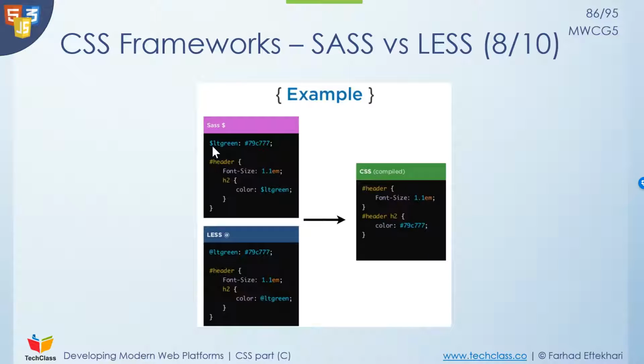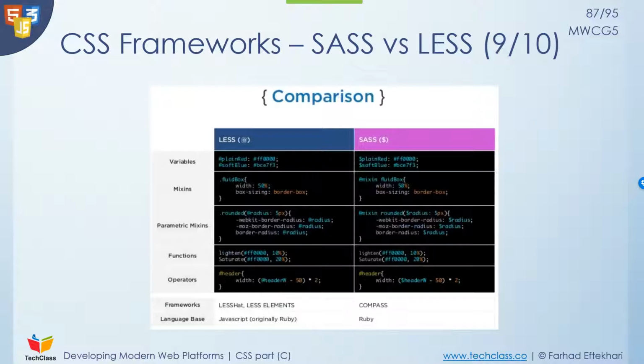So you write the variables, you write the code there, and then it compiles and gives you the actual CSS file. And for comparison, here is a chart that could be helpful for you in order to see by yourself as well. But there are tons of articles online, and it could be very nice if you also dig deep and learn by yourself as well.